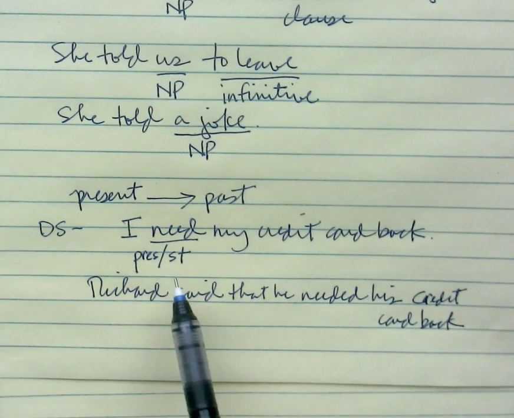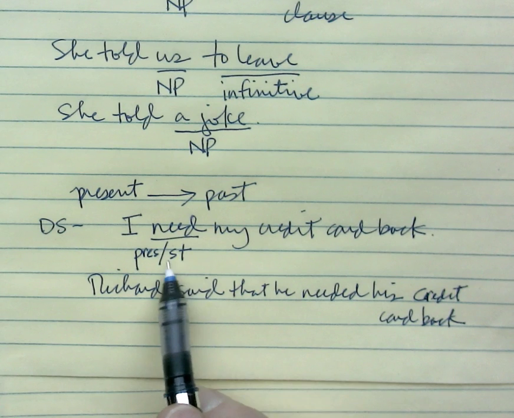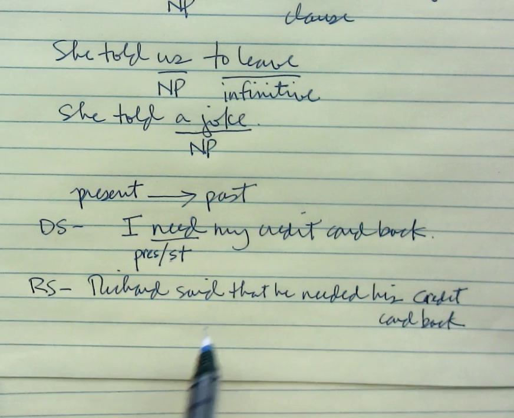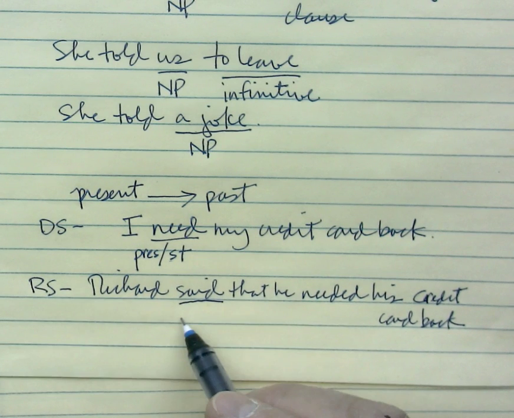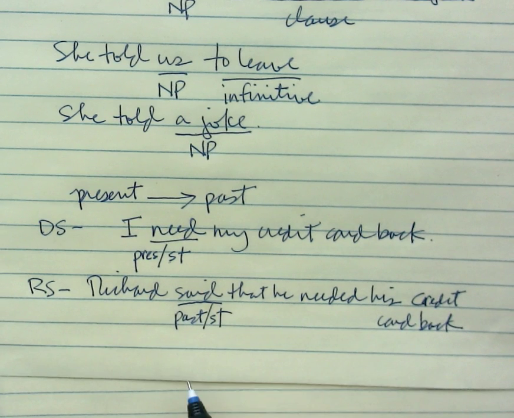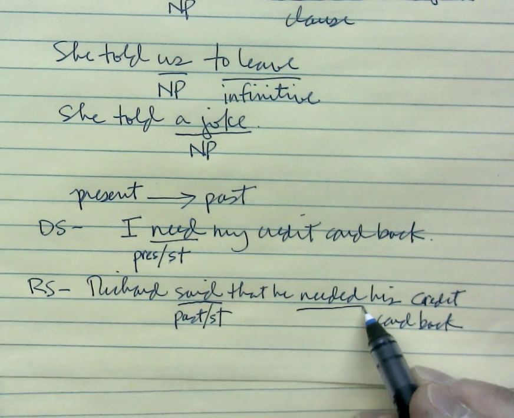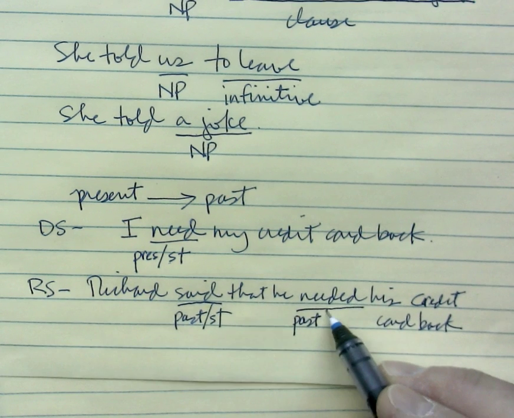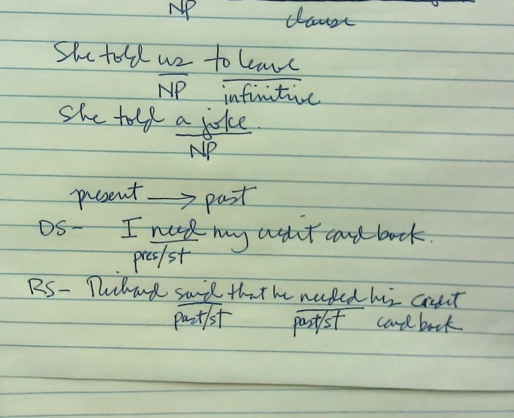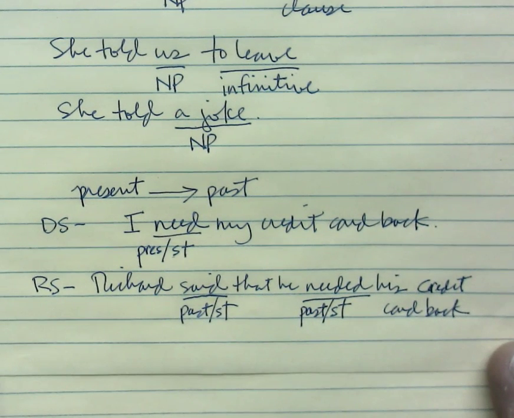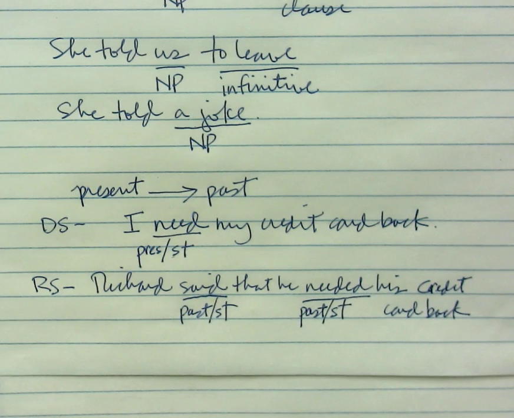So we see that we started with present, same time in direct speech, but in reported speech, the reporting verb is past, same time, and what I said has also been pushed back to the past, same time.